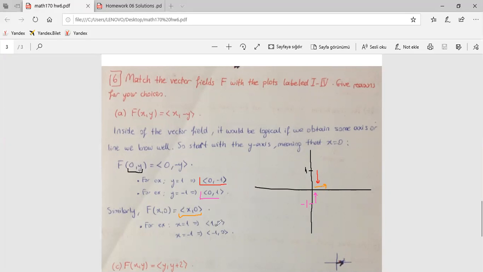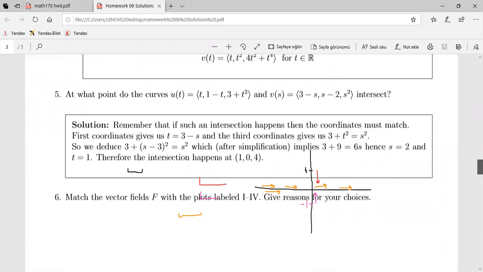When x equals -1, we have this, right? For any value of x, our vectors will be like this. So let's find that between these 4 plots.